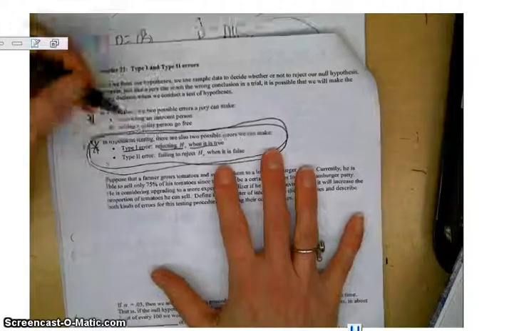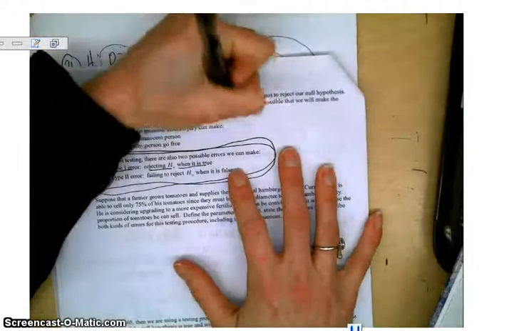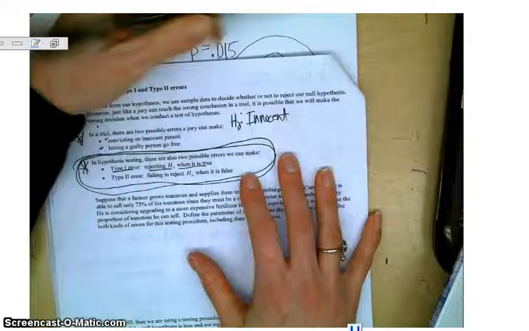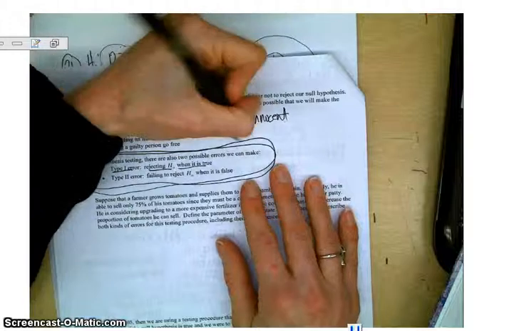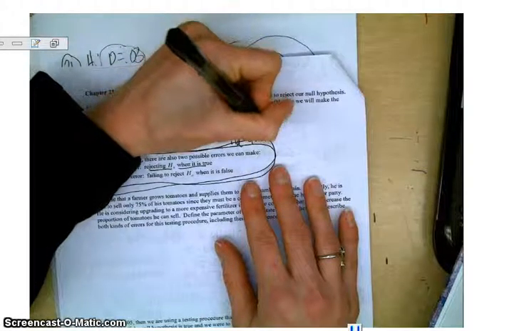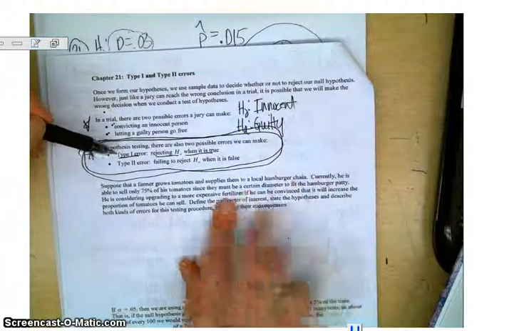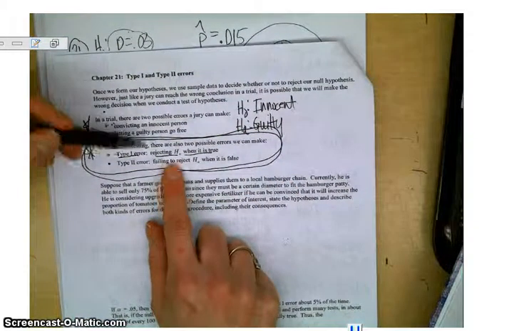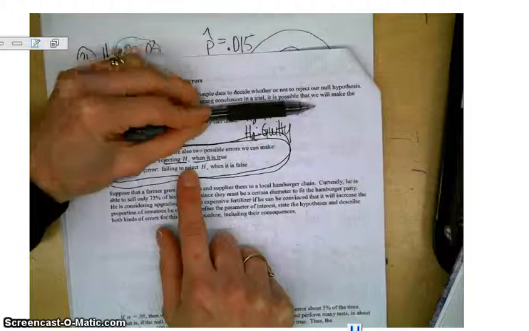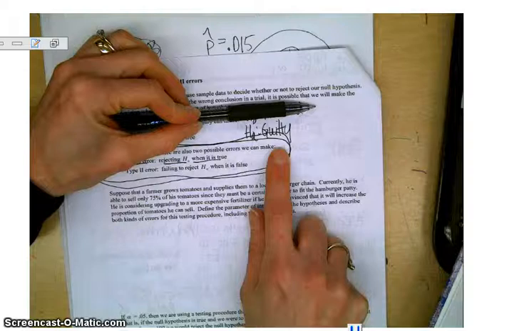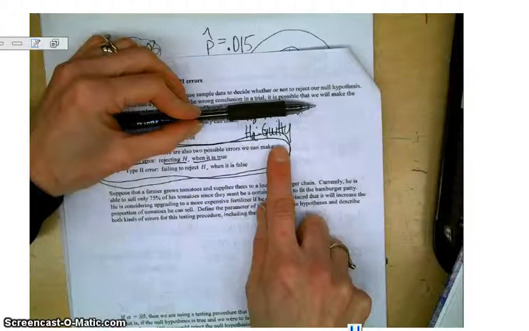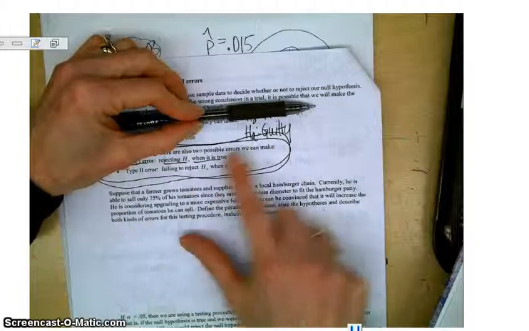All right, so if we go up here, if the null hypothesis is innocent, innocent until proven guilty, right? So the null is innocent and the alternative is guilty. Then a type 1 error is rejecting the null. If the null is innocent, I reject that, and I decide they're guilty. So a type 1 error is I decide they are guilty but really the null was true.